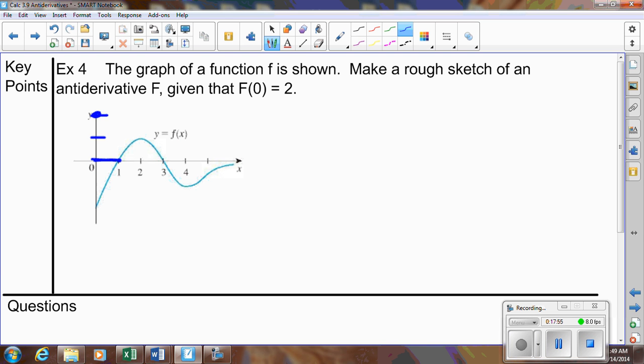That's a critical value, indicating that we probably would have a maximum or a minimum. Well, the question is going to become, is it supposed to be a minimum, where we're connecting like this? Or is it supposed to be a maximum, so we're connecting like that? How do you know?